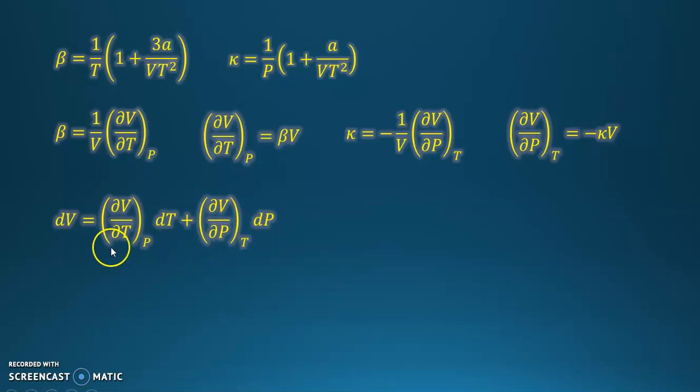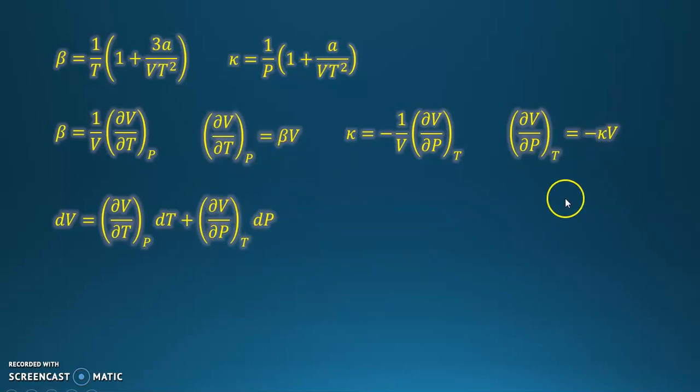So now we already have expressions to replace these partial derivatives. We have them in here. The partial derivative of v with respect to t is equal to beta v, and the other partial derivative is equal to minus kappa v.